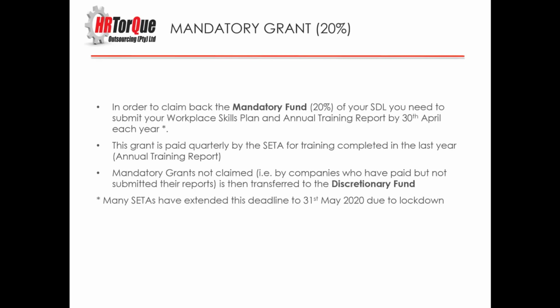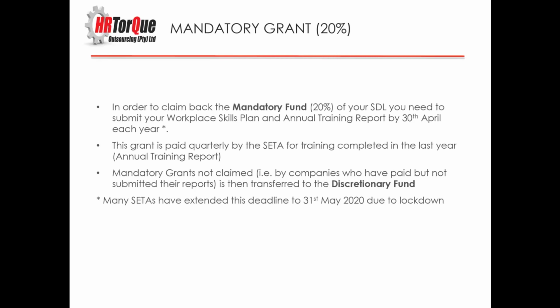So remember that every single employer who has a salary bill of more than 500,000 is paying 1% to the SETAs, or at least paying 1% to SARS, who then distributes that money. There are a number of organizations that are not claiming for skills. And so the 20% that is not being claimed by employers is then transferred to the discretionary fund.